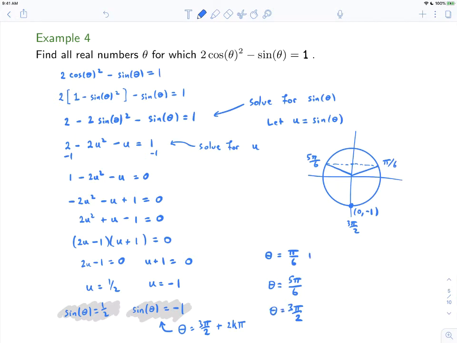But again, we have to add in all of the coterminal angles, where again, k is any integer. And that gives us all of our solutions.